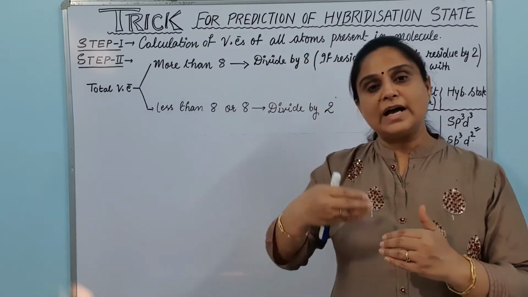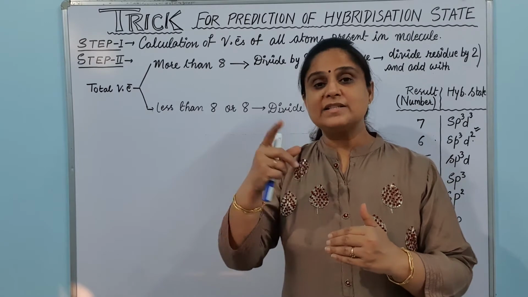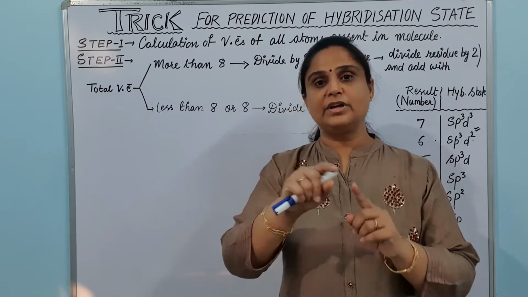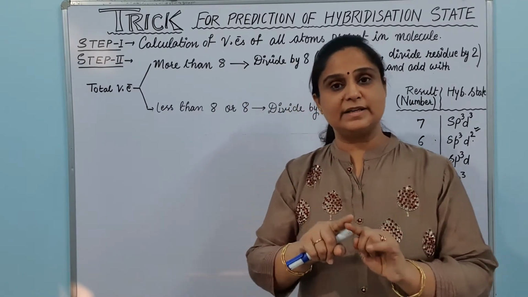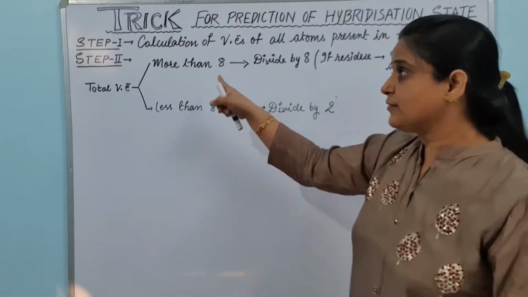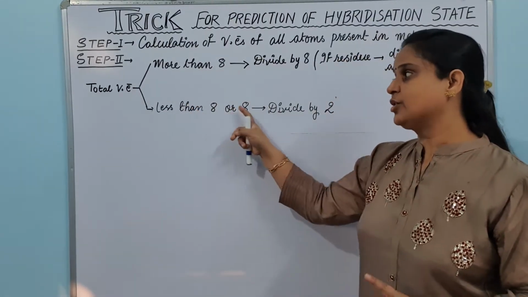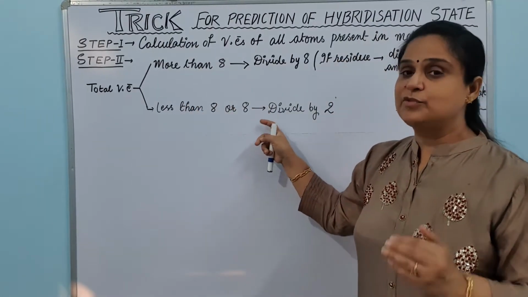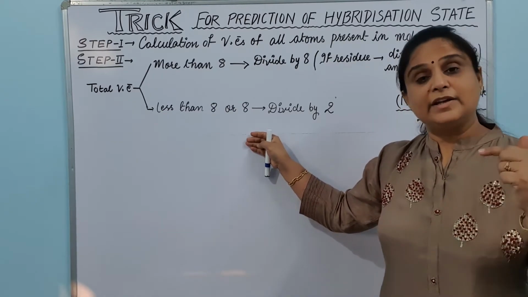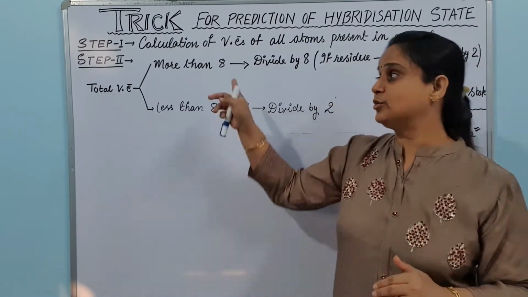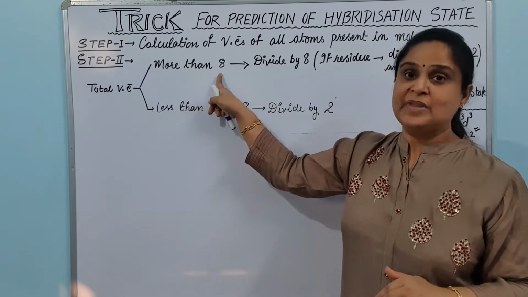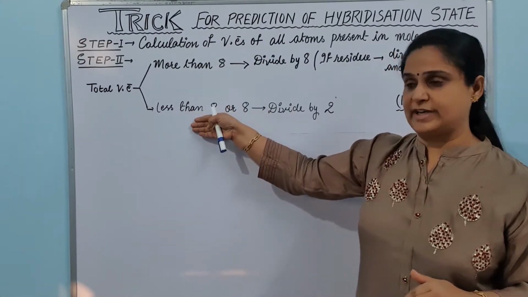If your answer is 8 or less than 8, then you have to deal with it in one way. But if your electrons are more than 8, you have to deal with it in a different way. So I've categorized them into two ways.